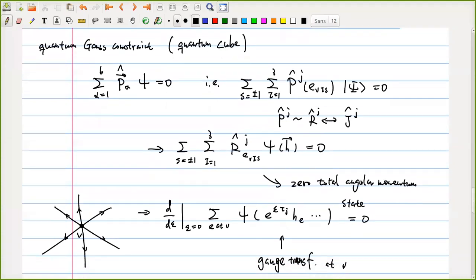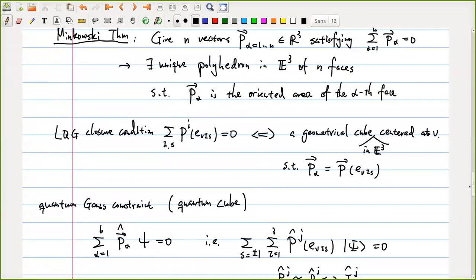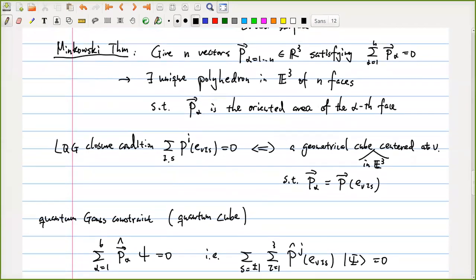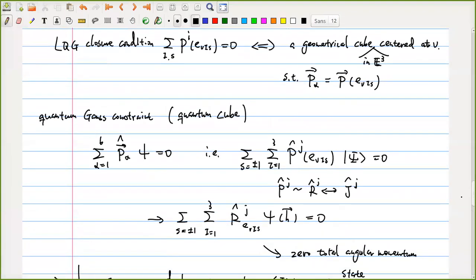However, we can also consider it in terms of a geometrical cube. What we are quantizing is this geometrical cube. The quantization condition is replacing the oriented area by a spin operator, by spin, and the solution is just the total angular momentum state.